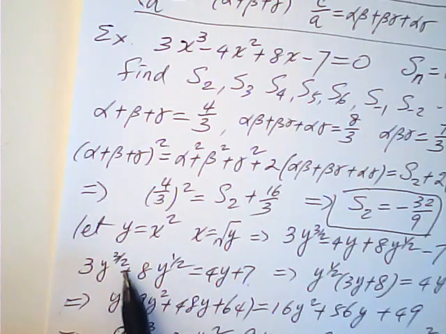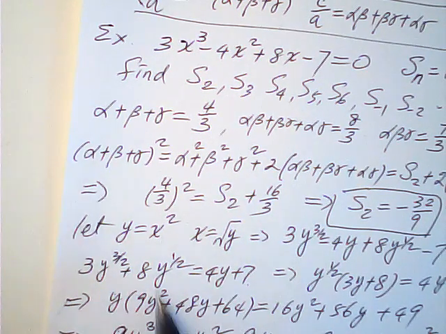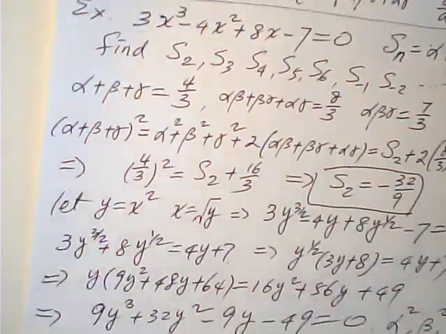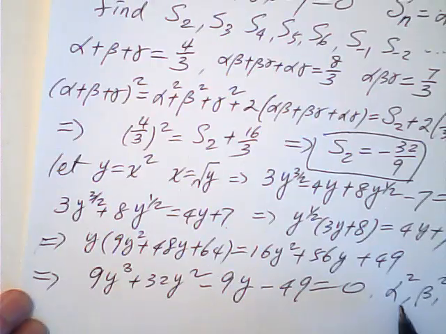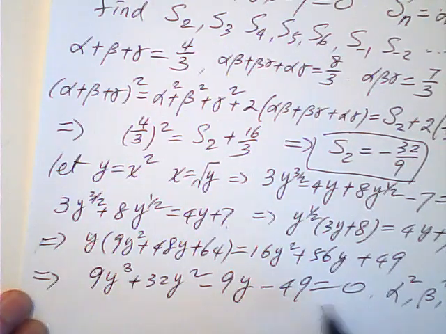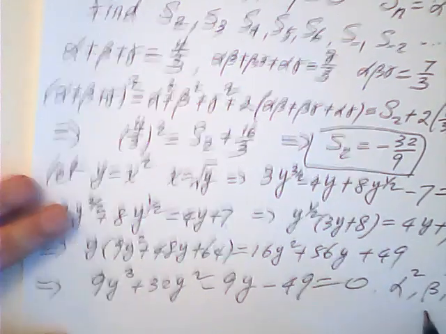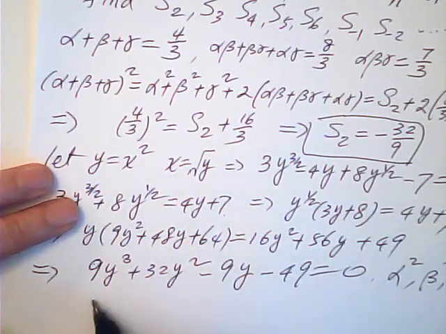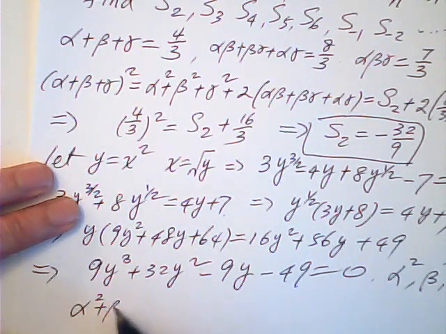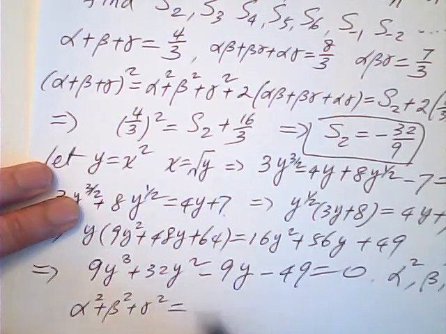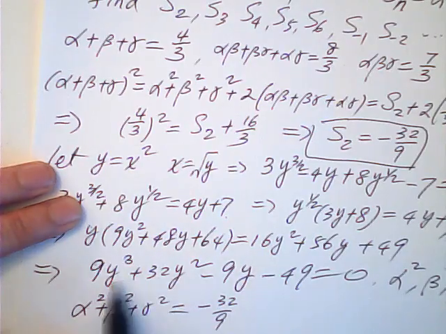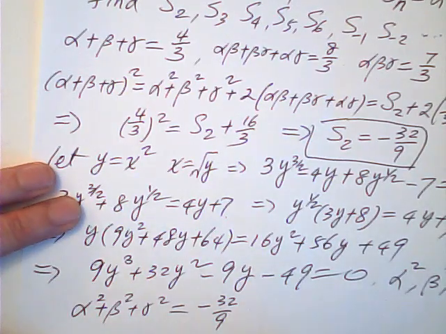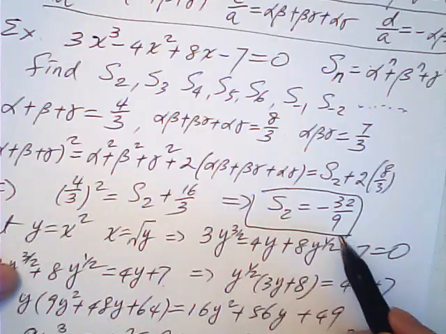See, x has 3 roots, alpha, beta, and gamma. So y for this equation, these are 3 roots. And therefore alpha squared plus beta squared plus gamma squared is equal to negative b over a, which is negative 32 over 9. That is exactly the same answer.